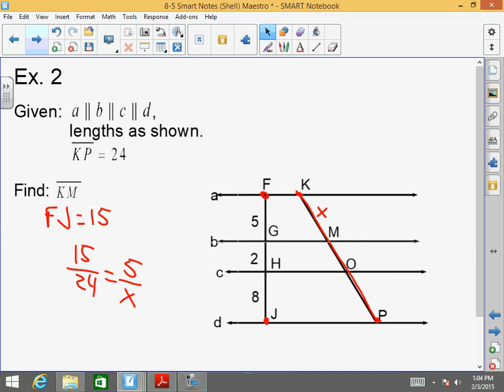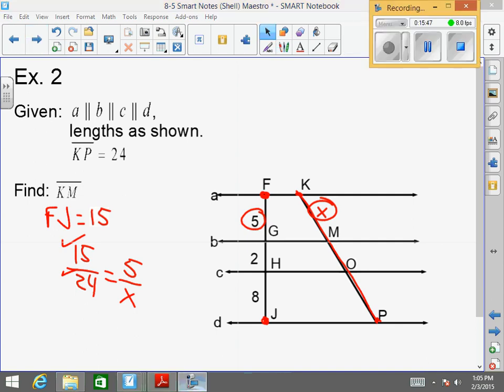You were going to do what we're doing here, but making it more confusing. So think about it. I went FJ, which was 15, large, the whole side, to KP, which is 24. That has to be proportional to this piece to that piece. Does that make sense?